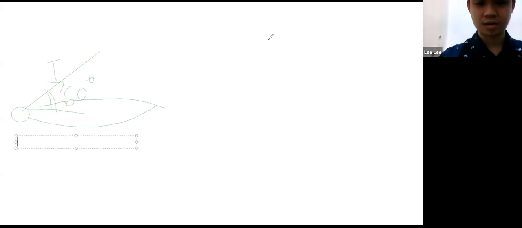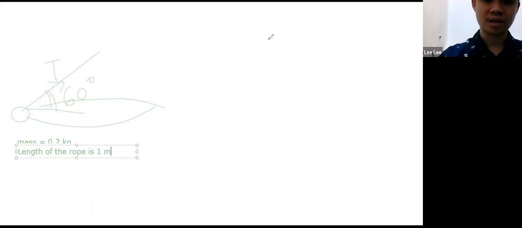Okay, so the first question says the mass of the object is 0.2 kilogram. The length of the rope is 1 meter. Then the question asks you to calculate the weight.